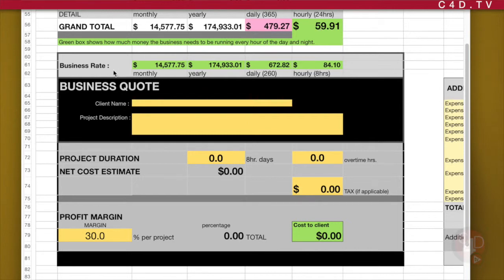So that means that this is basically a breakdown of how much your office will be costing to your client. If your client wants to hire you for a whole month, that client is going to have to pay at least $14,577.75 if they want to have you for a whole month, 8 hours a day, 5 days a week.